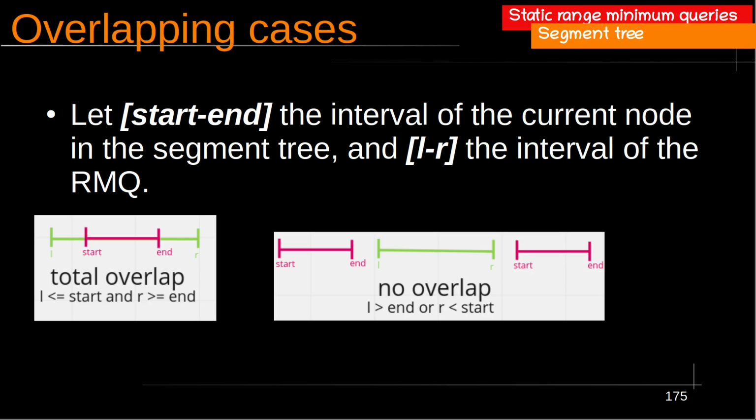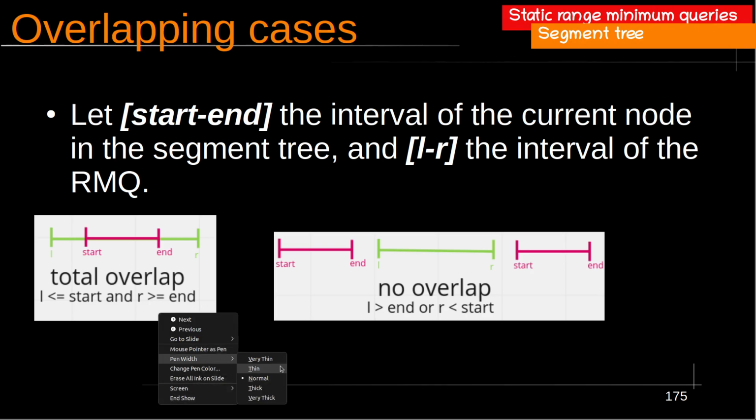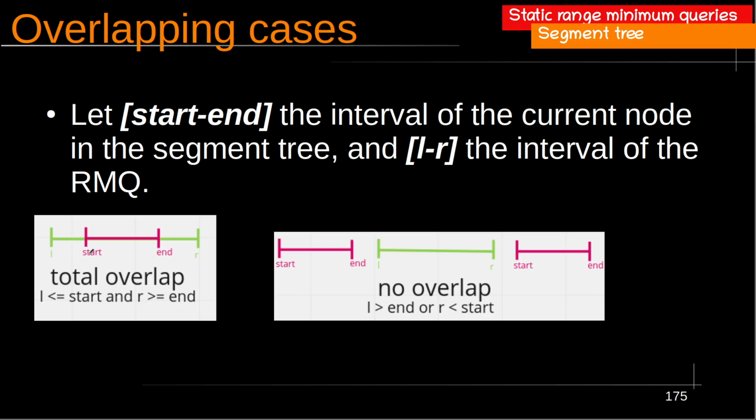As you see in the left image, the interval of the node is completely inside the left and the right boundary, which means we have a total overlap. In this case, we check if the left boundary L is less or equal than the start, and also the right boundary must be greater than or equal to the end of the interval of the node.